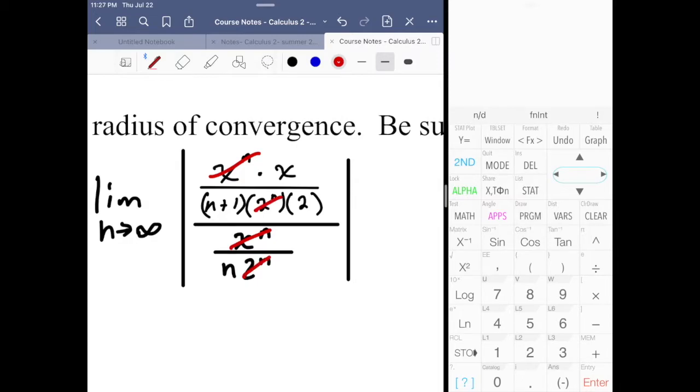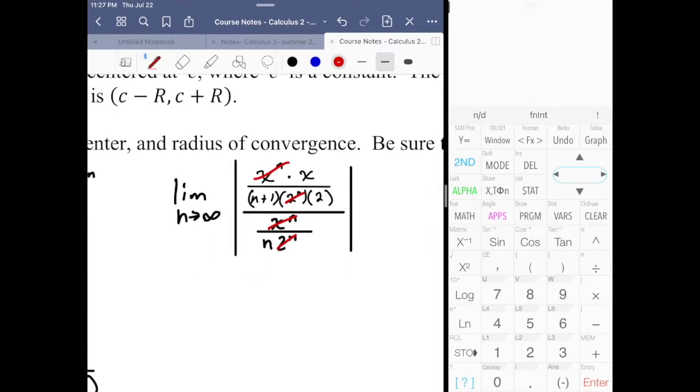So x to the nth cancels, 2 to the nth cancels. But that's really all that cancels. However, the x can be pulled out of the whole thing because it's irrelevant to the limit. Now this whole thing by the ratio test should be less than 1 if it's going to converge.